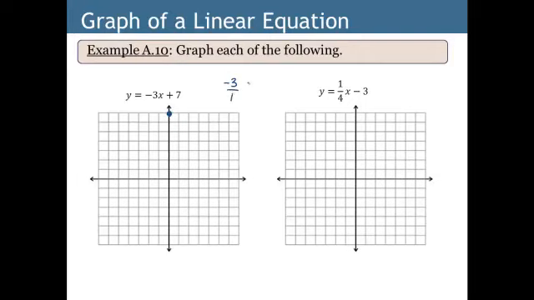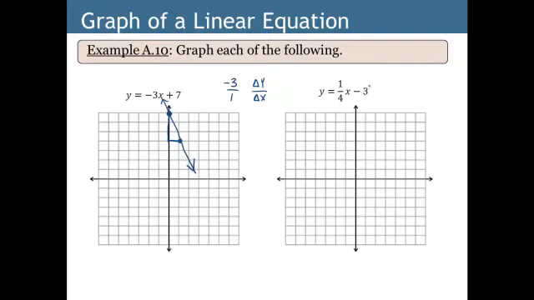Now remember, that's change in y over change in x. So -3 is down 3, 1 in the positive x direction. And if you have a line, and you know this is linear, you know it's a line, you only need 2 points to make a line. So there's a graph of my line.